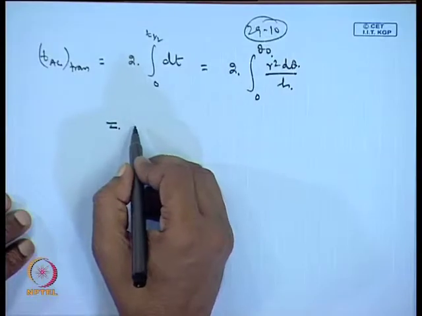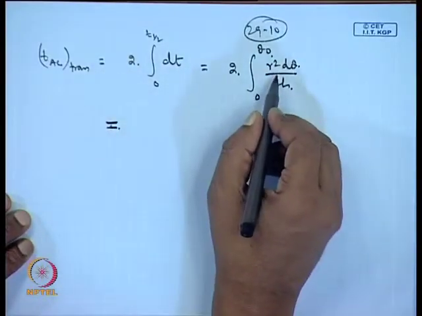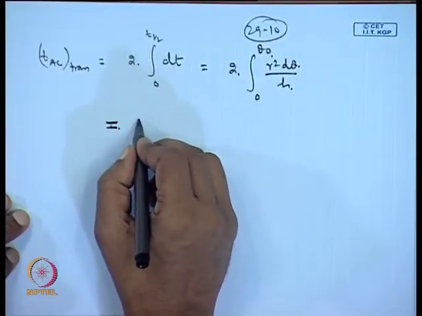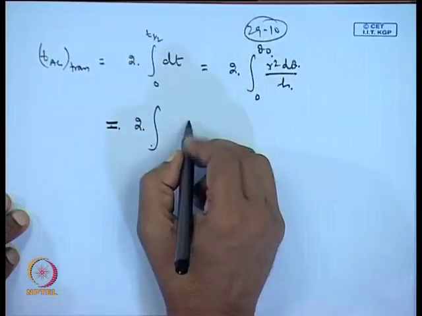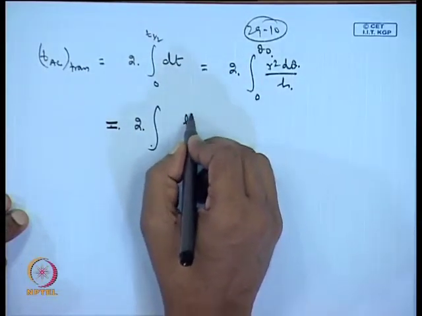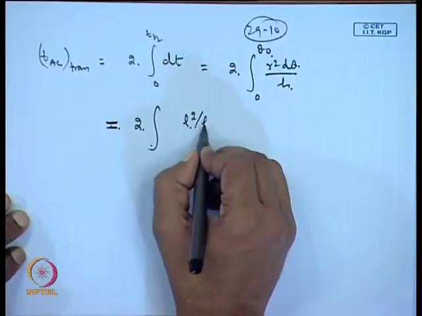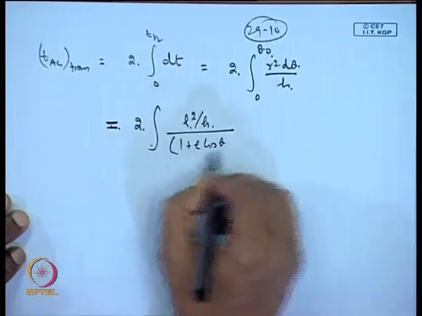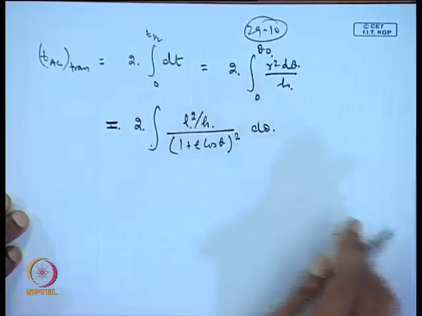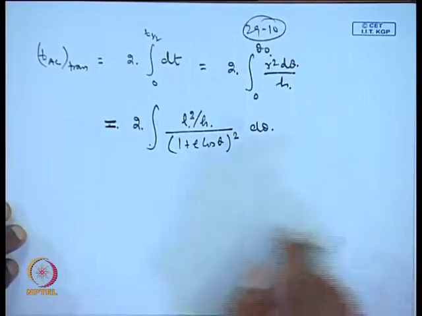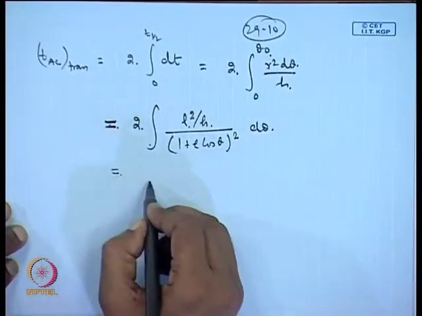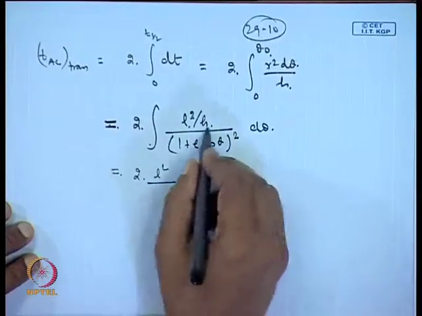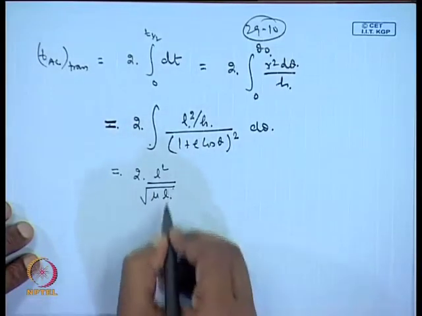Okay, r we can write in terms of semi-latus rectum, and then in terms of eccentricity we can express it. Eccentricity we have already assumed. So, this becomes r equal to L by 1 plus e cos theta. So, this will become L square divided by h, and 1 plus e cos theta whole square d theta. H is nothing but square root of mu times L. Okay.